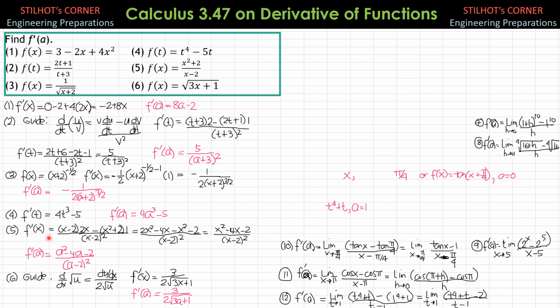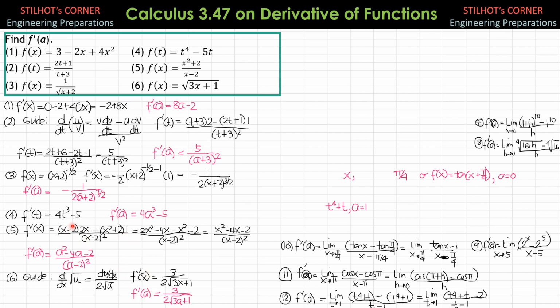Then number 5, f prime of x, this one, again, we have numerator over denominator. So denominator, derivative of x squared plus 2 is 2x. Then minus numerator quantity x squared plus 2, the derivative of the denominator, derivative of x minus 2 is 1. Then divided by denominator square.